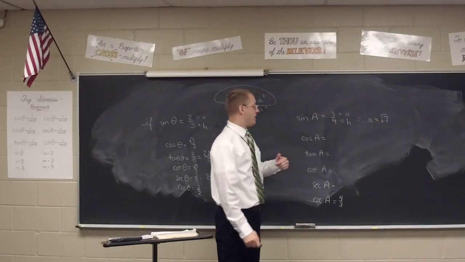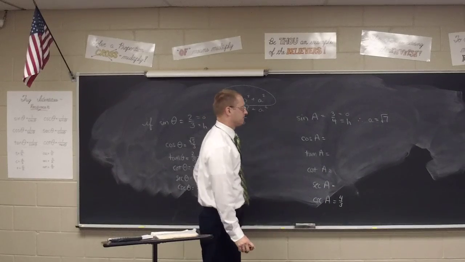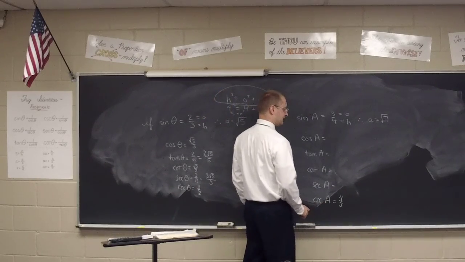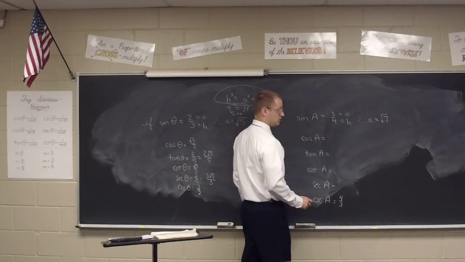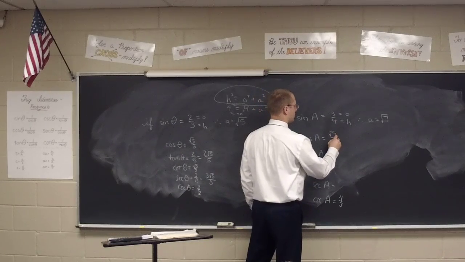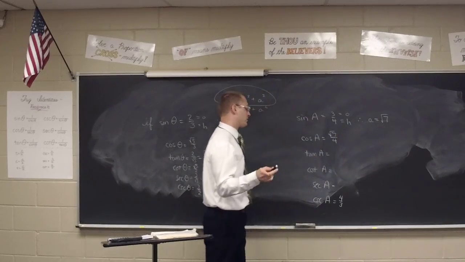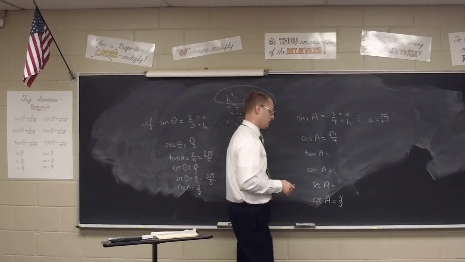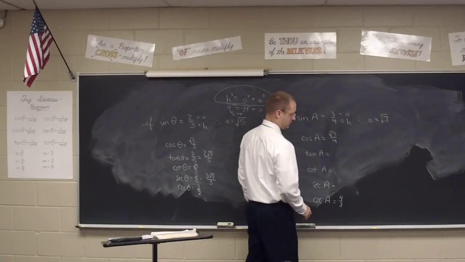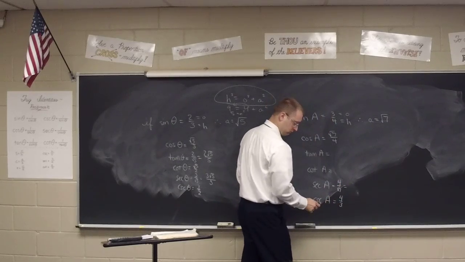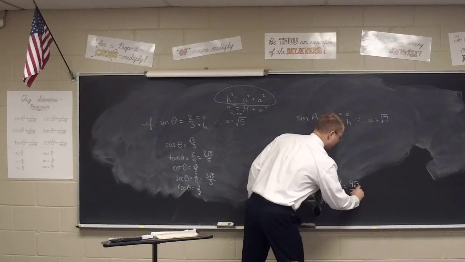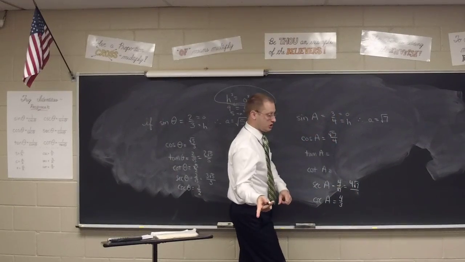All right, so Jamie, what do we get for the cosine? The cosine would be adjacent over hypotenuse. Good. So, that would be the square root of 7 over 4. There we go. And therefore, Ethan, what's the secant? So it's 4 over the square root of 7, but you can't have that, so it's 4 times square root of 7 over the square root of 49, which is 7.